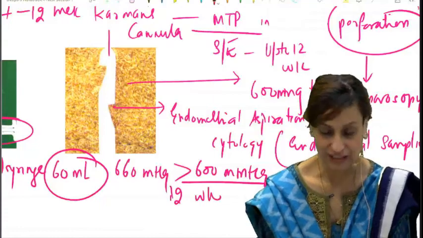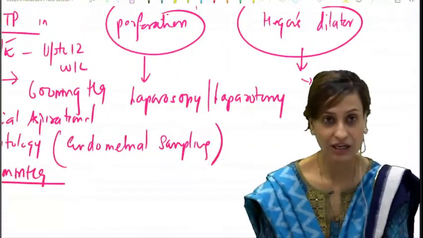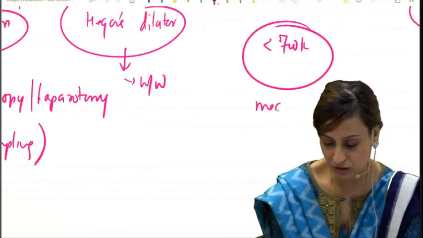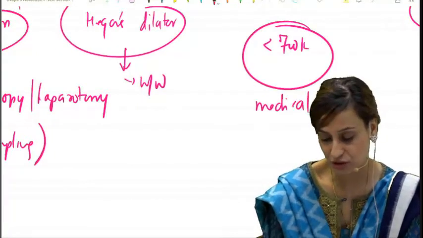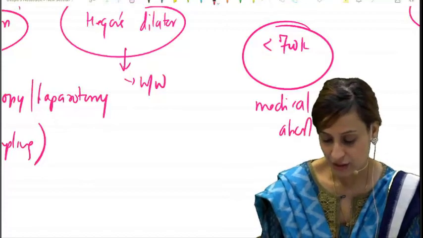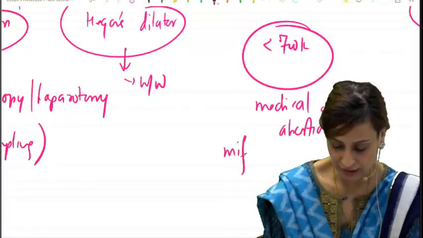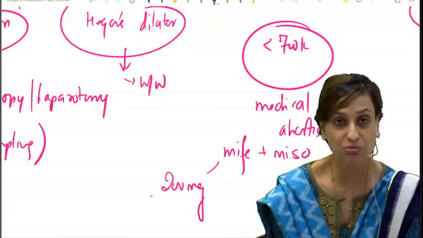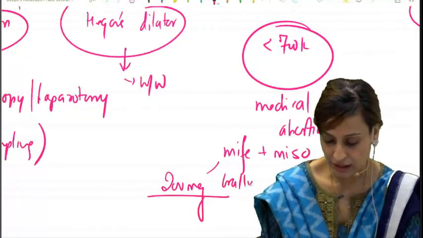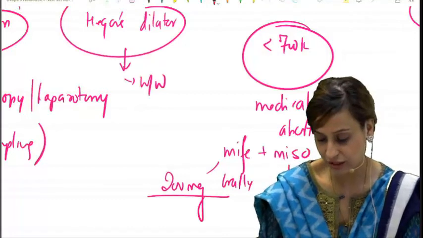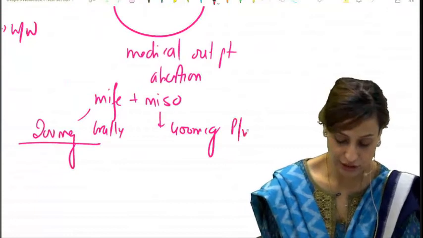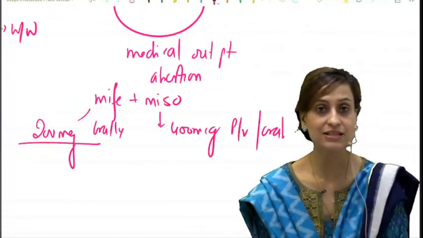Remember that it is an alternative to suction and evacuation, which means MVA can also be done up to 12 weeks, right? And please remember, at less than 7 weeks, what we are going to do is medical outpatient abortion, using Mife and Miso. It is 200 milligrams of mifepristone given orally, and 400 micrograms of misoprostol, which can be given vaginally. It can also be given as oral, sublingual, or buccal preparations.